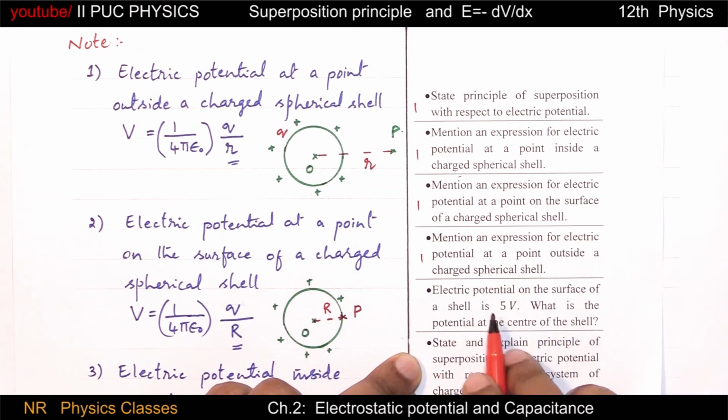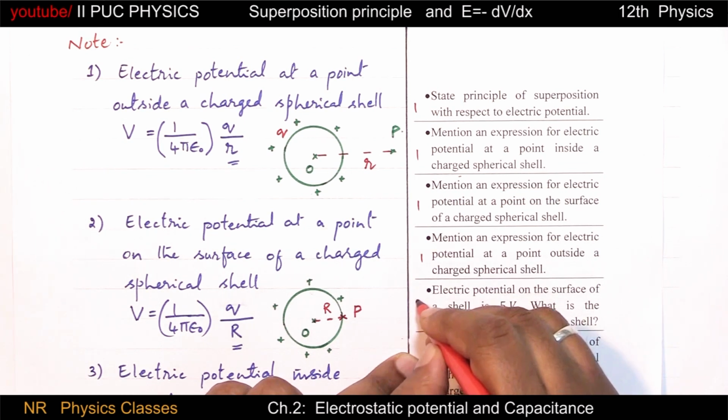1 mark. Electric potential on the surface of a shell is 5 volt. What is the potential at the center of the shell? Potential at the center is equal to potential on the surface. So the answer is also 5. I am not writing, you should write, okay? This is for 1 mark.